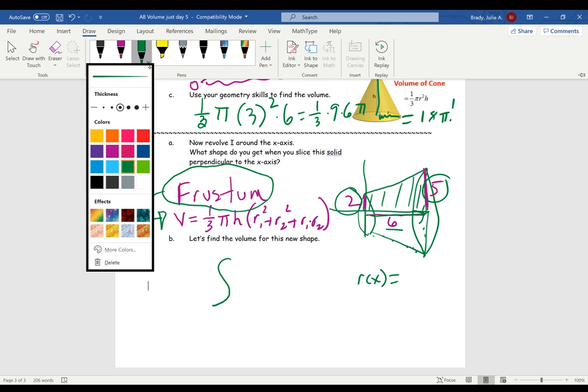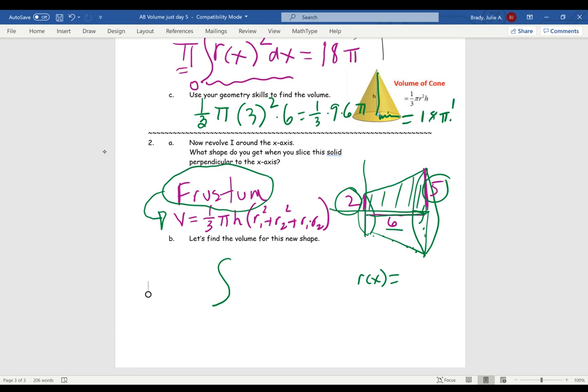Let's do blue. This is the radius that's moving, just like we did in Desmos. And the top would be that curve from your opener, which is 1/2 x plus 2. And the bottom is just the x-axis.